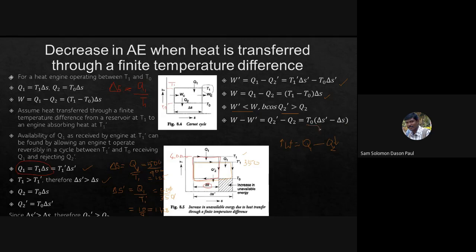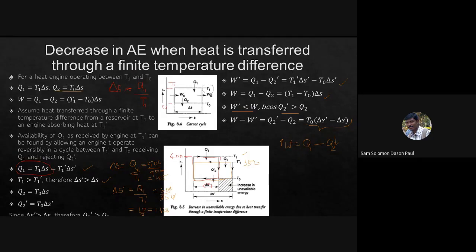What is this? This is the energy which is unavailable to us when you are running a heat engine at a relatively lower temperature. If you would have run the heat engine between T1 and T naught, the unavailable energy would be simply Q2, which is T naught into delta S. Are you able to understand?